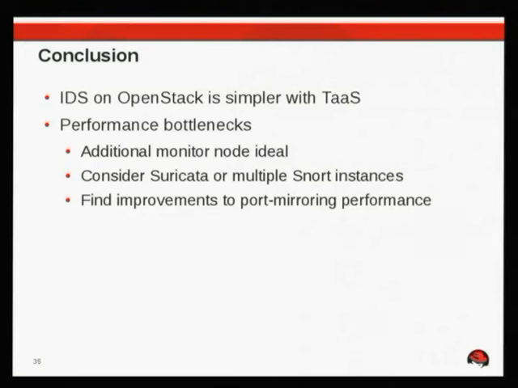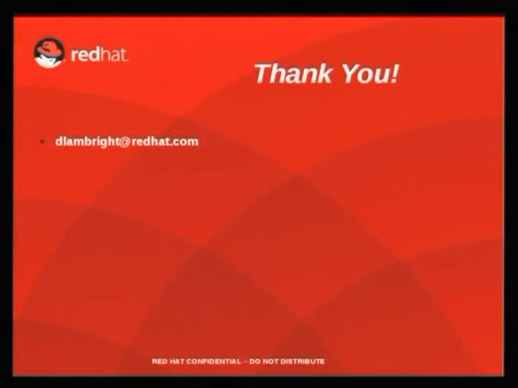You might want to consider using a different IDS than Snort, although Snort is improving in this respect. And OVS itself, the network itself, may become a bottleneck, although that's an area of investigation. So yeah, that's IDS on OpenStack. And thank you very much.